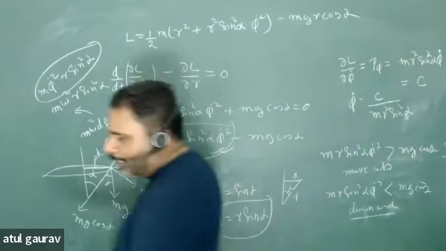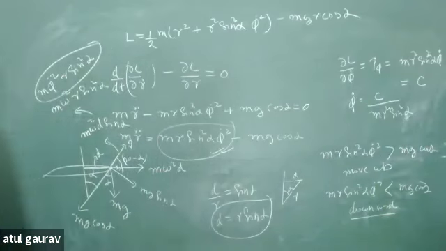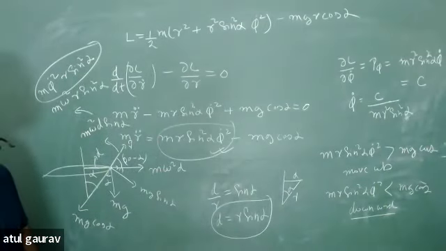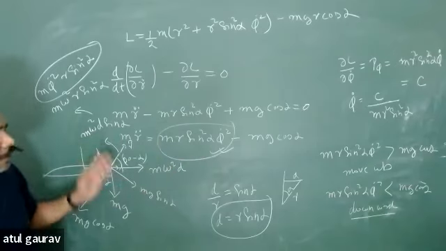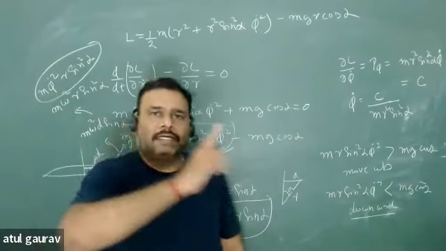Now, are there any particular circumstances in which it will neither go upward nor go downward? It can happen. At some particular circumstances, it will neither go upward nor go downward. It will just move in a circle.